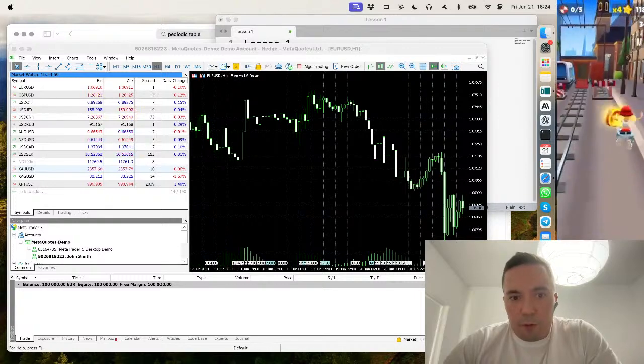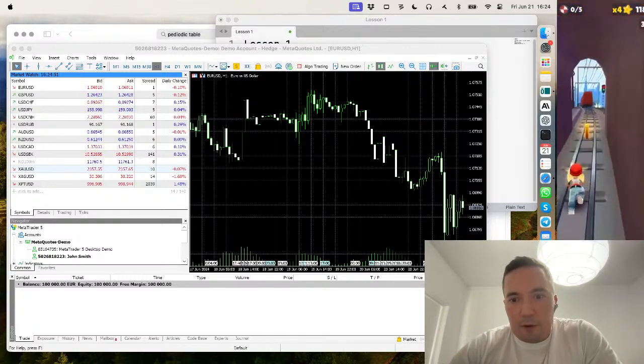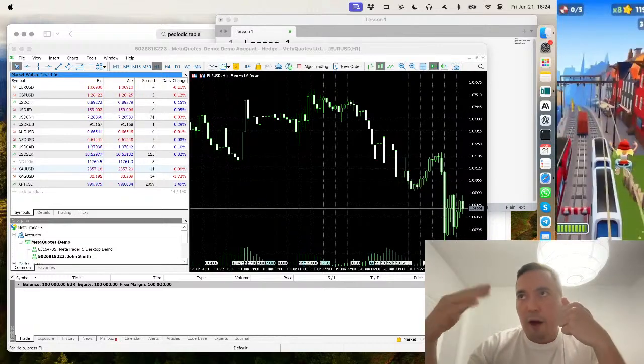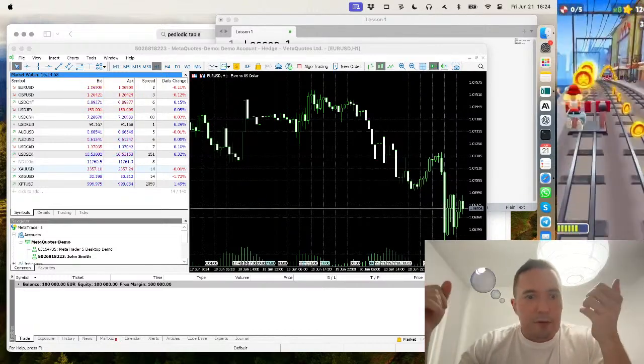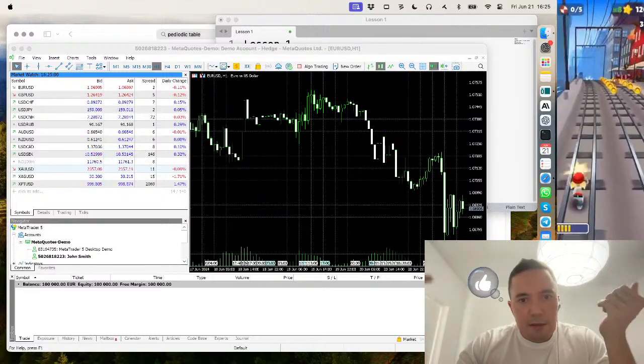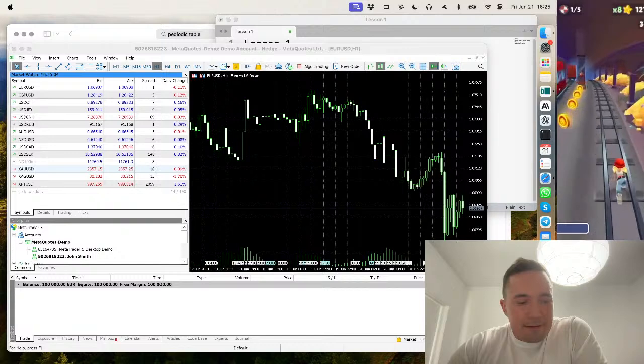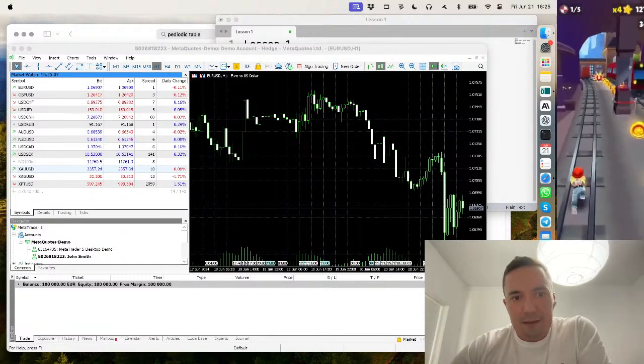So your spread will be different, could be negative. So if you can buy in one place cheaper than you can sell at the other place, the spread will go negative for you, right?